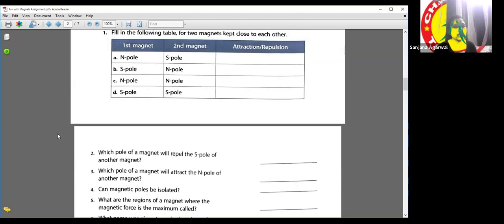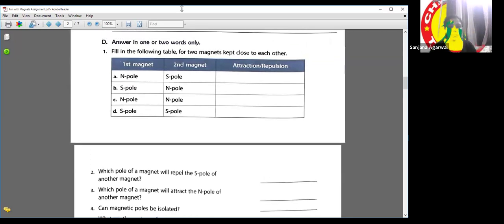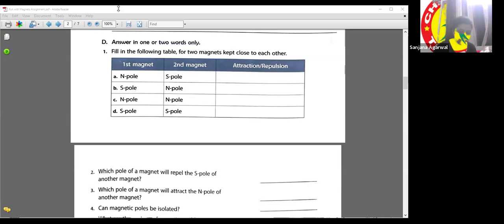Now solve this part. The first one, answer in one or two words. Ma'am, should we write it in the chat? Yes, yes.